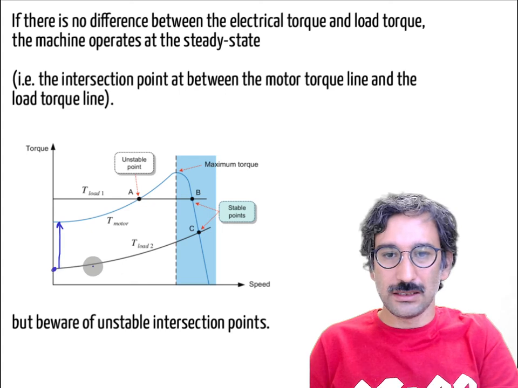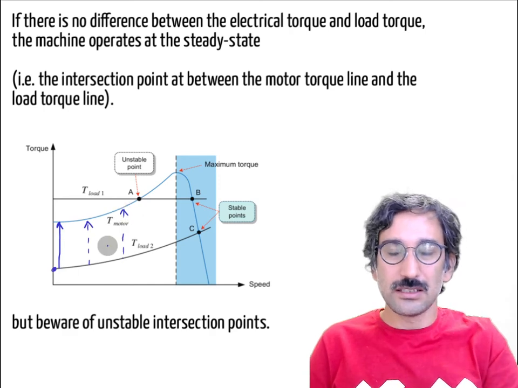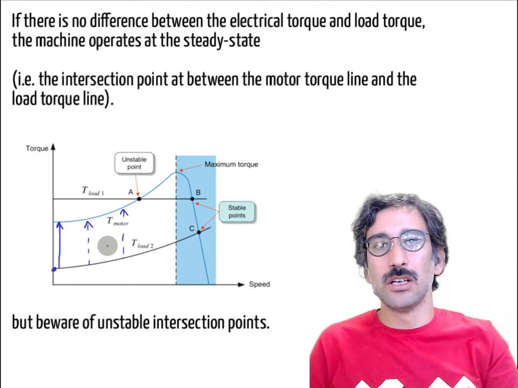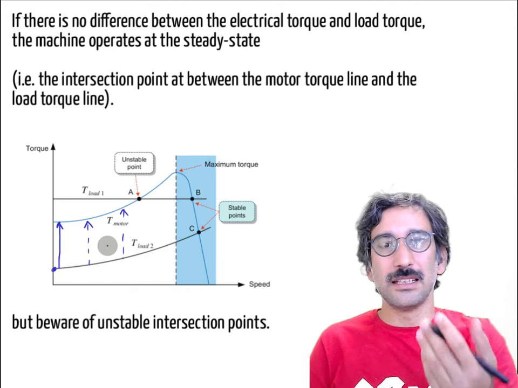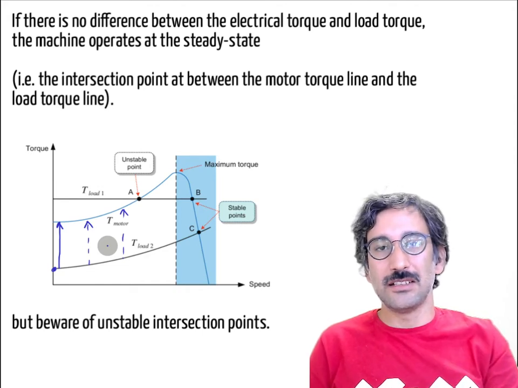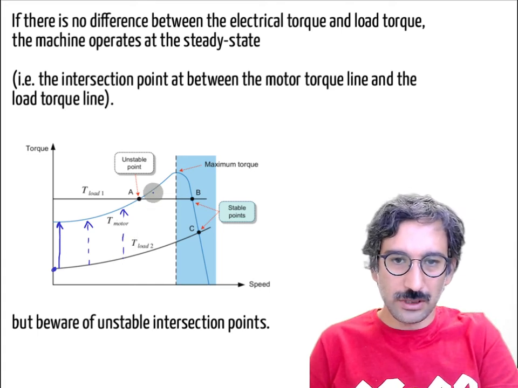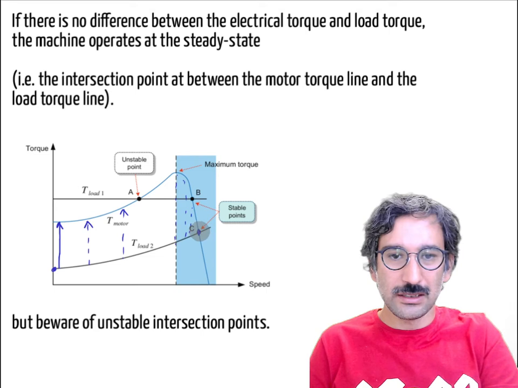So it increases its speed and comes to here, and it still keeps accelerating. Basically you are using that excess torque to increase the kinetic energy of that rotational system, storing that energy in the 1/2 J ω² term. Then the torque of the machine starts reducing, but it is still positive until you come to here.